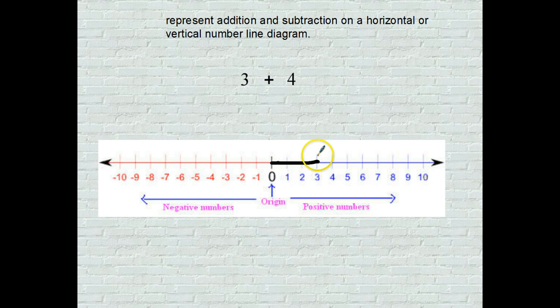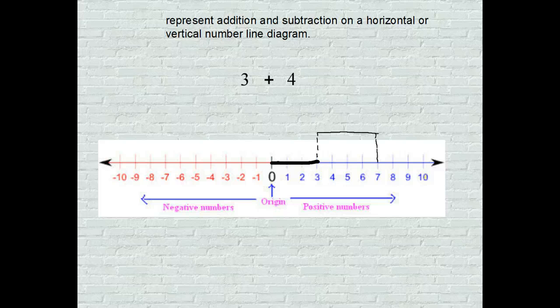So I'm going to draw maybe a little dotted line up above and then go to the right 4 units. So let's go from 3 over 4 units. Count them out, 1, 2, 3, 4, and maybe draw my little dotted line up, connect them, and we have just added 3 and 4.